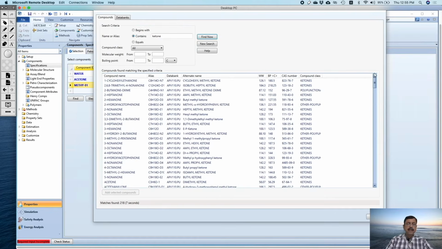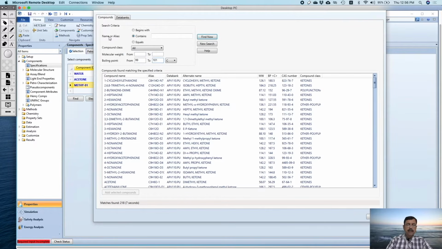Now the search criteria also give you the option to choose by molecular weight or boiling point. For instance, if you want to find the components whose boiling point is between 99 and 101 degrees centigrade, you can simply write boiling point from 99 to 101.